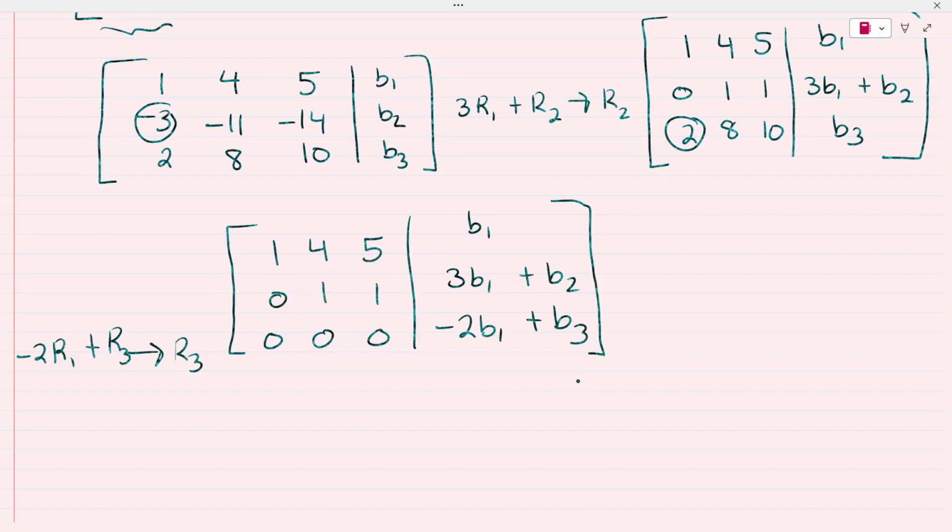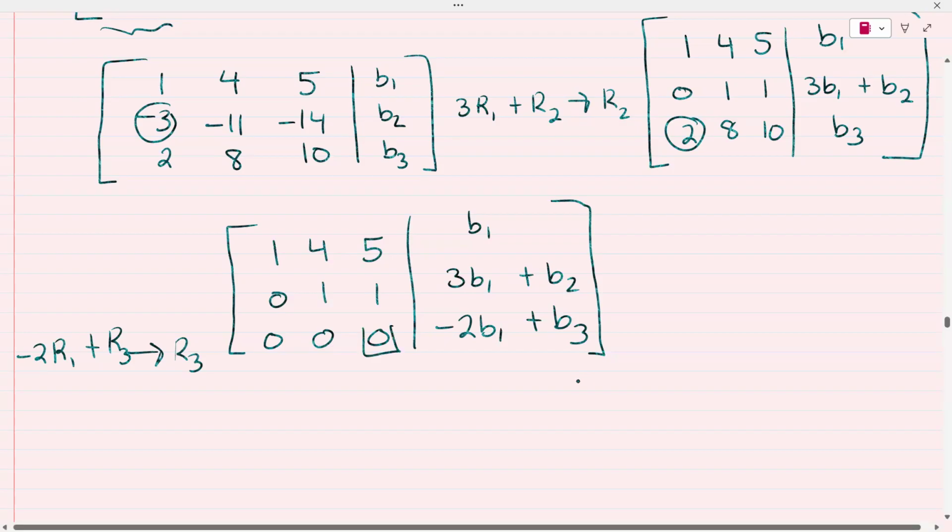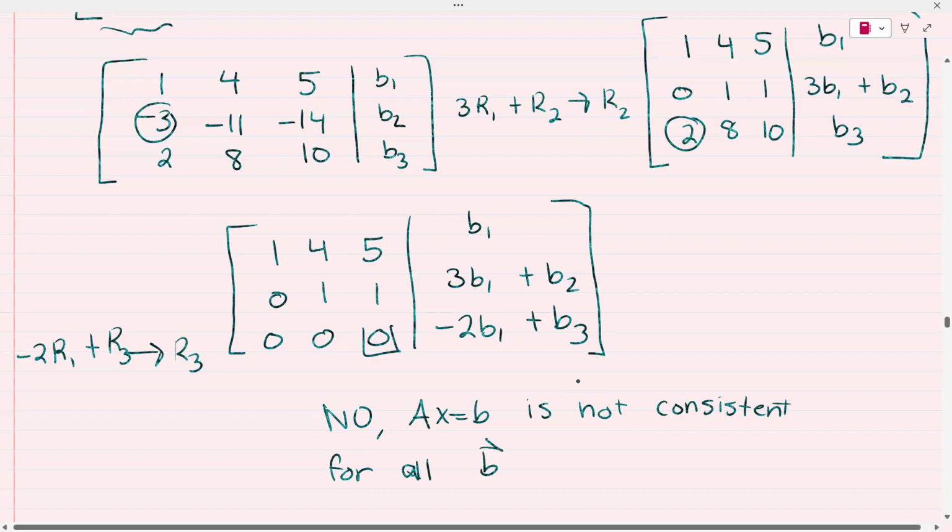So is the equation A times vector X equals vector B consistent for all B? You could stop here because you have a false statement. 0 does not equal this. So you can say no, AX equals B is not consistent for all vector B. Unless we can make it true, right?